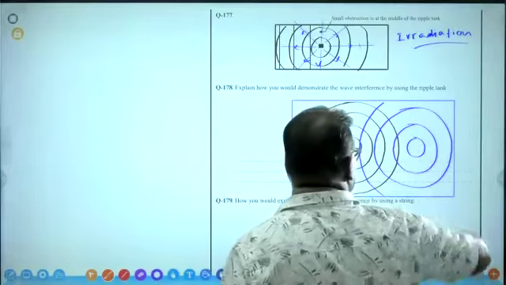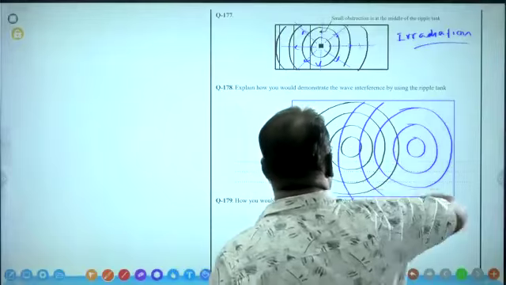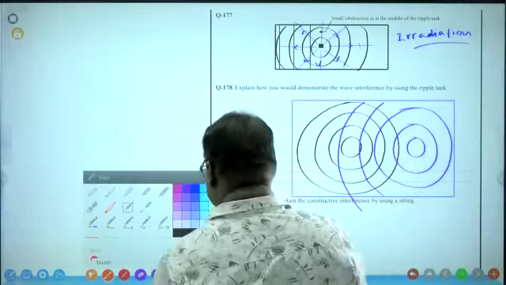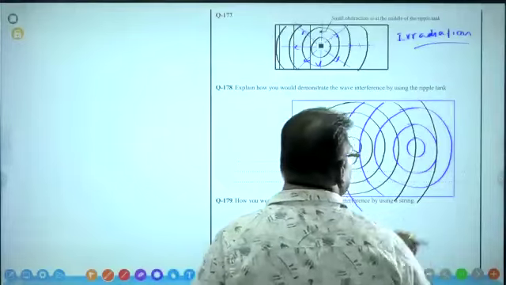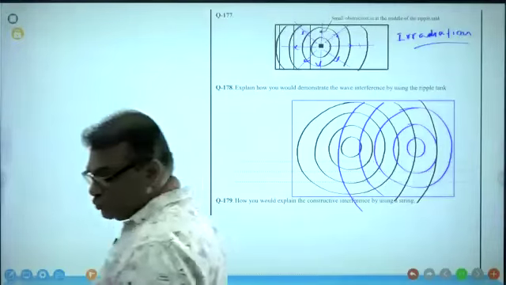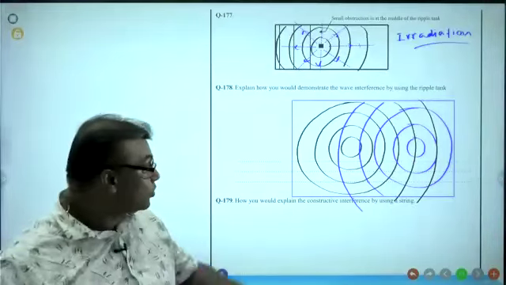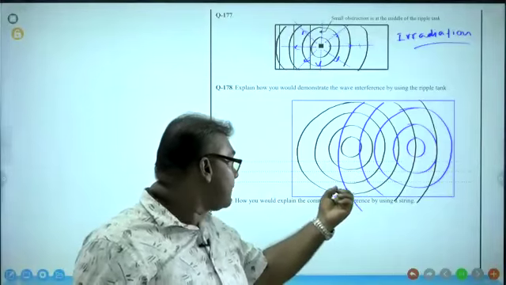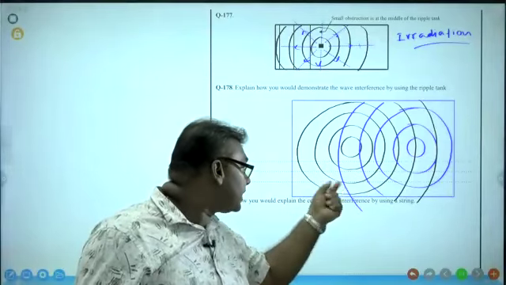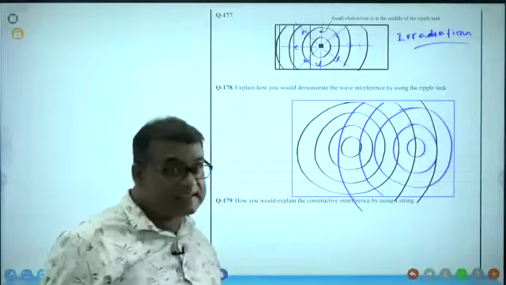See the arrangement like this. Wave fronts will travel right here. Those dark lines represent crests. This black line and purple line both represent crests.